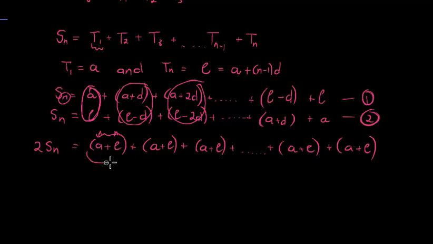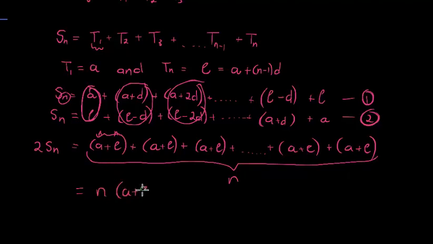There would be N little brackets. Now if I count all of them, there would be 2N terms, but they grouped to 2. So there's N of these brackets. You get it? Are you sure? Yes. So I can simplify it. I can say there's N A plus L's.